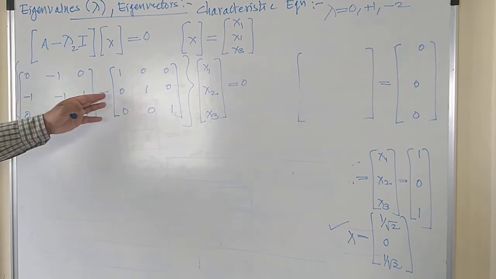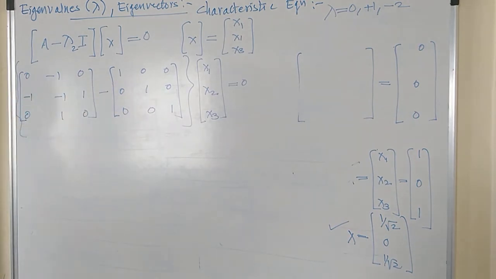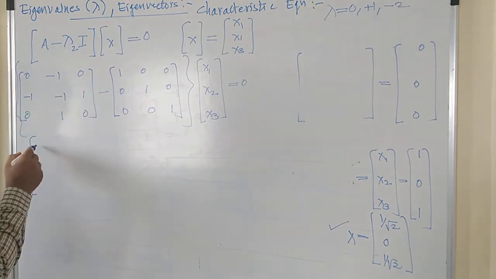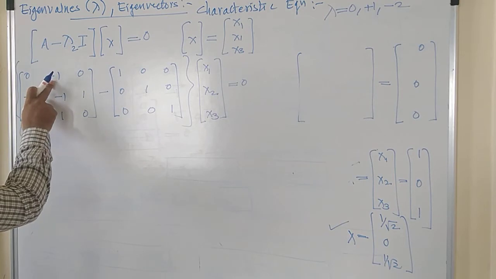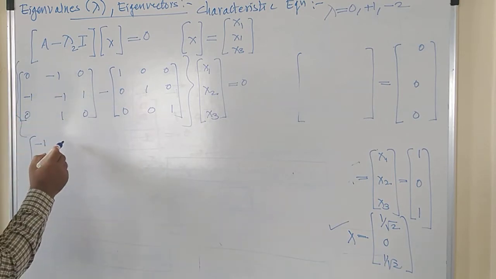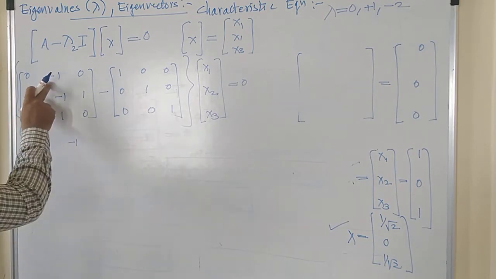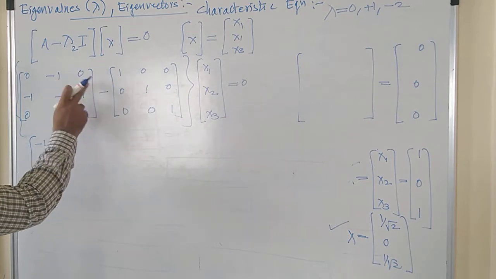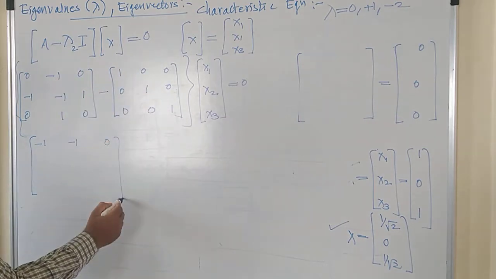So after subtraction of these two matrices, you will get the next matrix. Here 0 minus 1 is minus 1, 1 minus 0 is 1, and 0 minus 0 is 0.